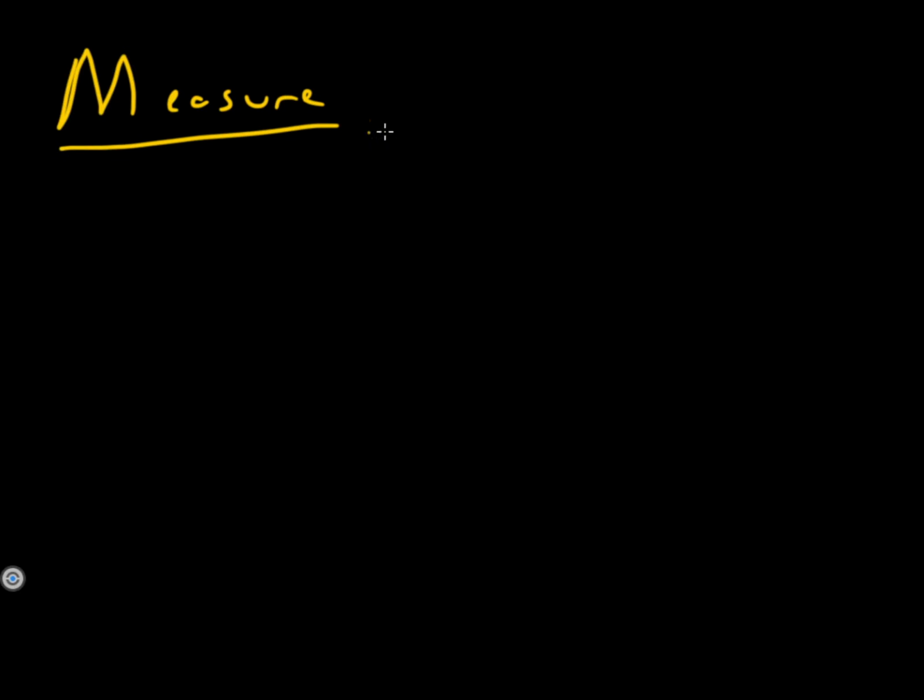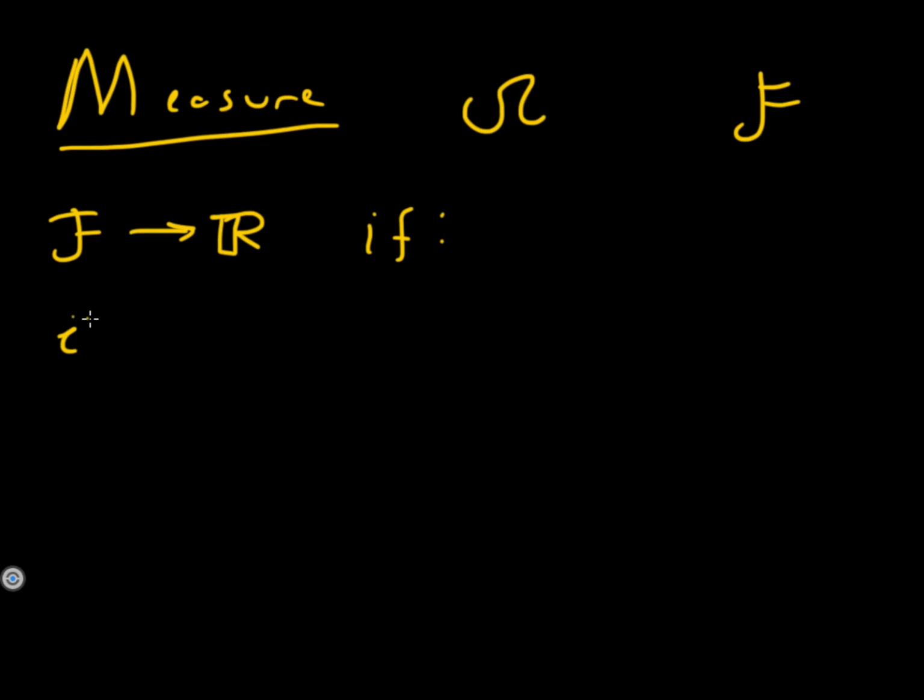Now, if we assume a probability space, omega, and a sigma algebra F, a function which maps the sigma algebra to the real space is a measure if, the first condition being, for all of the subsets in the sigma algebra, the measure of the subset will be bigger or equal to 0.